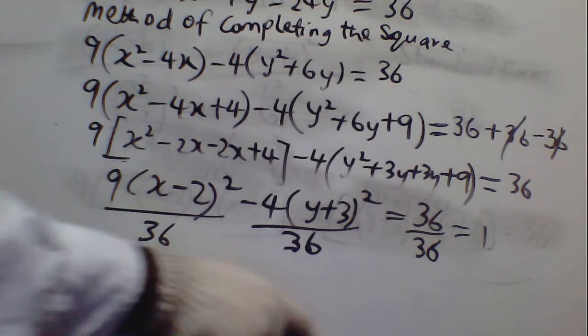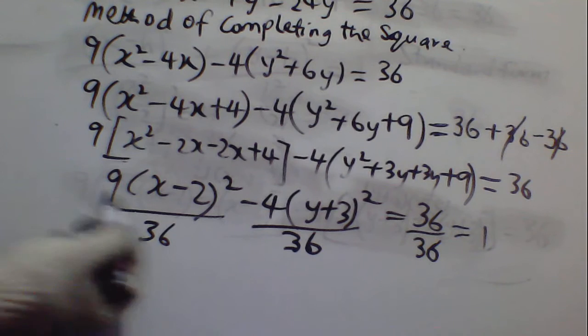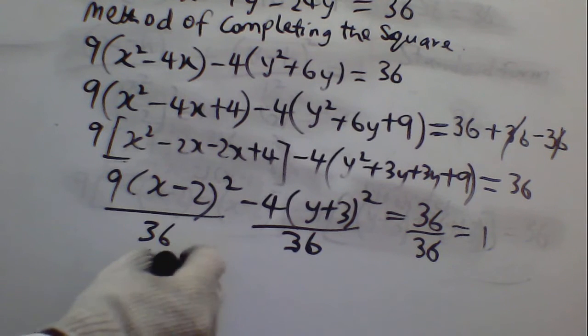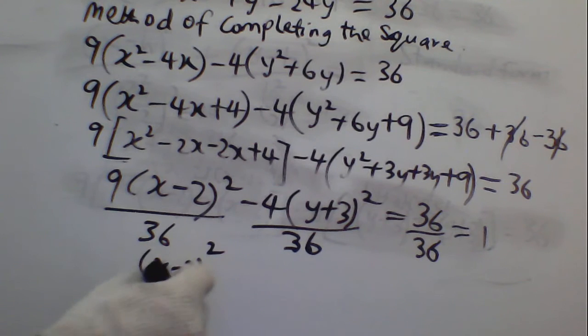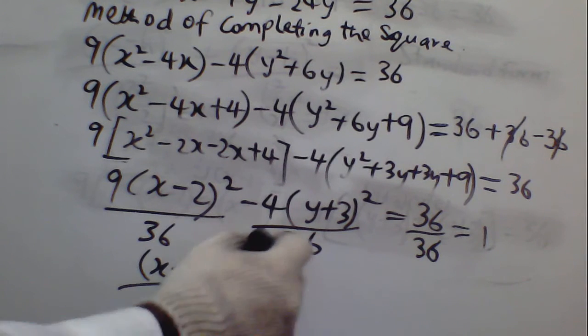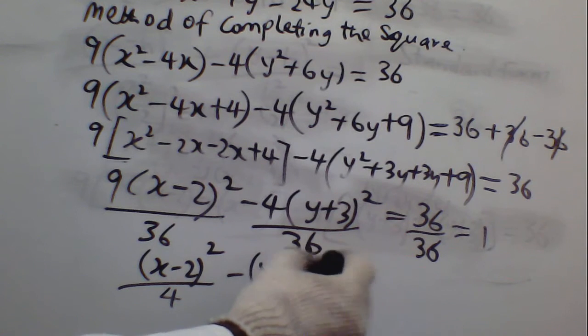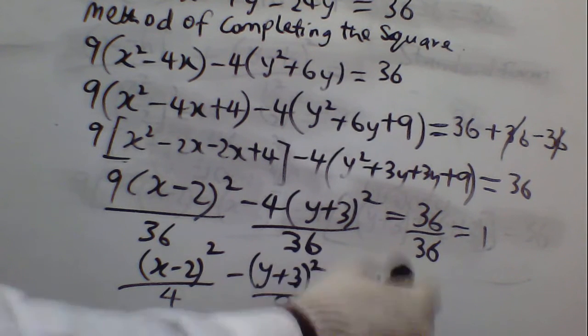So from here you can now proceed. 36 divided by 9 will give us s minus 2 raised to power 2 over 4 minus y plus 3 raised to power 2 over 9 equals 1.